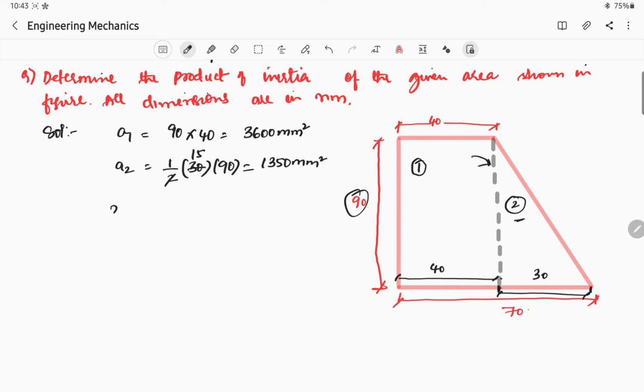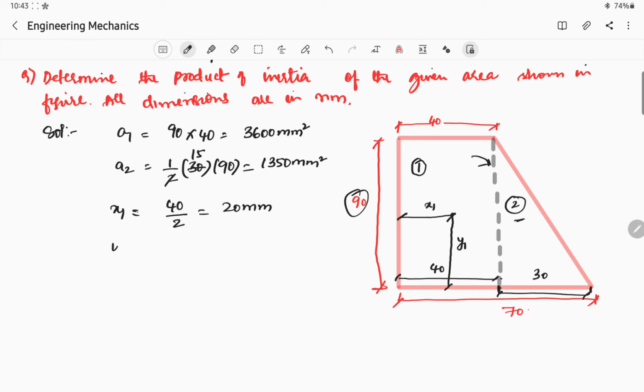After calculating the areas, we will calculate x1, x2 and y1, y2. Somewhere here we have x1, and this distance will be y1. X1 is 40 by 2, which is 20 mm.